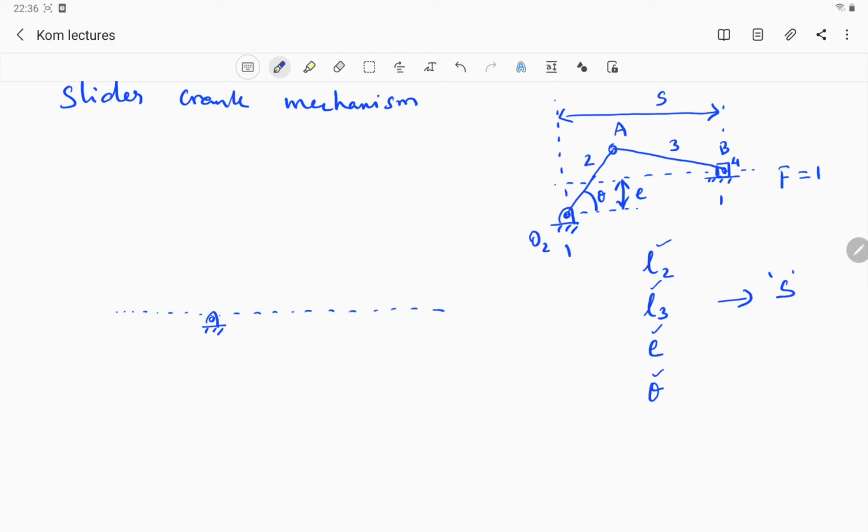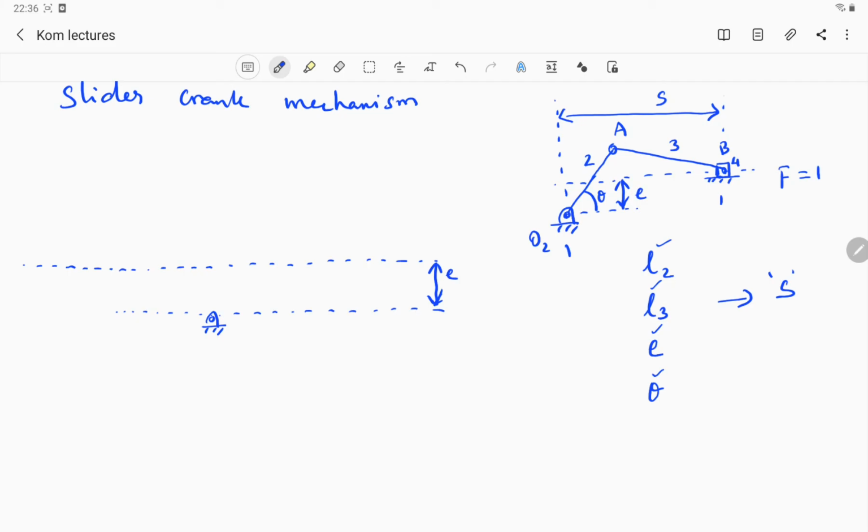Then what I am going to do is draw a line parallel to this line, with the distance E. So this distance is E. Let me extend it, because that is the line where the slider is going to be. So somewhere in this line the point B is going to be.